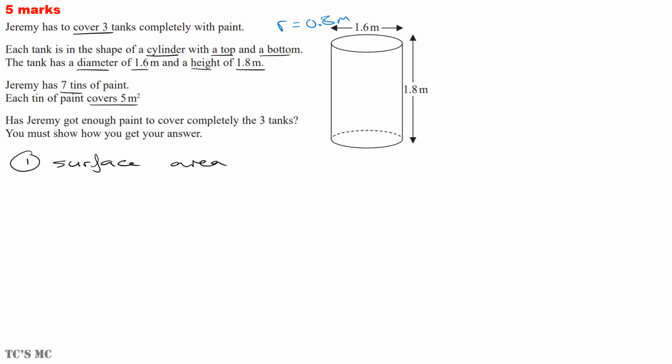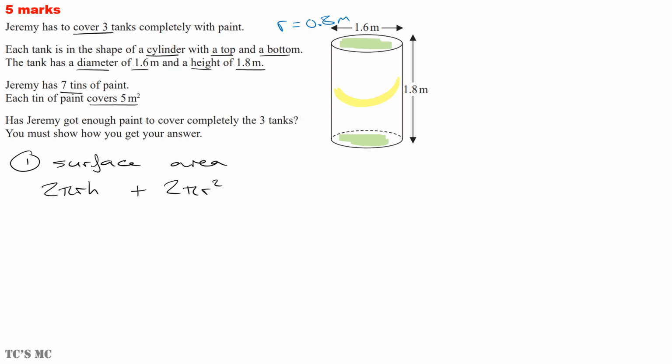Remember, for the surface area of a cylinder, we need this curved part plus these 2 circles at the top and bottom. For the curved part, we need to do 2πrh. For the 2 circles, we need to do 2πr².